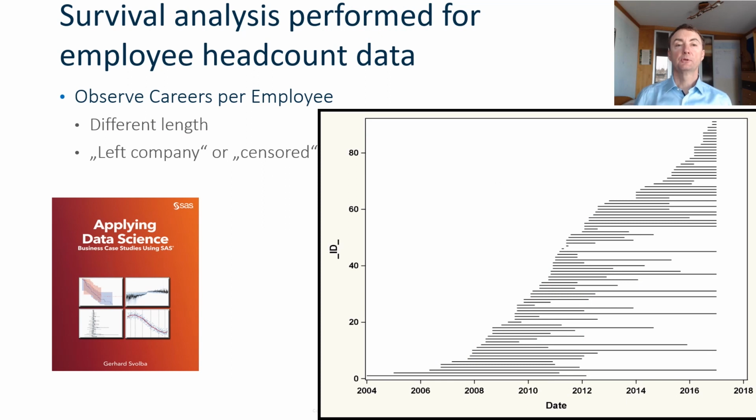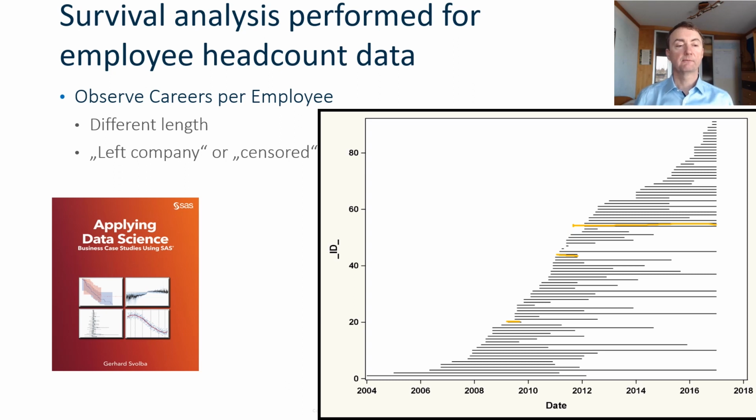The example that I'm using here is a survival analysis example where I use data from employee headcount analysis of a company to compare the careers per employee, since some of them have quite a long career and are still in the data at the end of our observation period, and others have quite short careers.